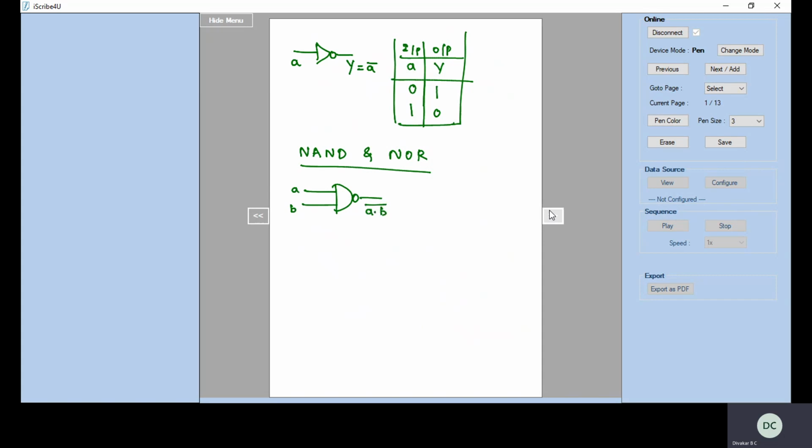And for the NOR gate, A and B are the inputs, and the function Y is equal to A plus B whole bar. That is, the complement of the OR operation is NOR, and the complement of the AND operation is NAND. NAND gate and NOR gate are called universal gates because any logical function can be implemented using NAND and NOR gates.